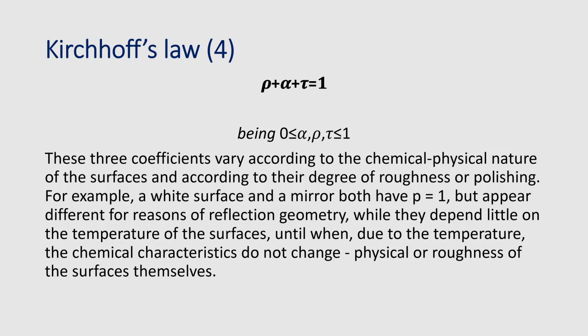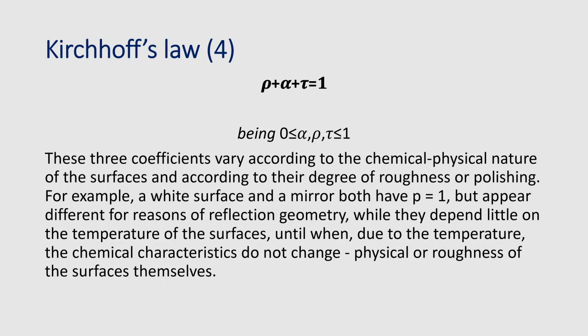For 0.4 to 0.7 microns, a window glass will have a tau very similar to 1, because the task of windows is to let visible energy pass through in order to illuminate our rooms.